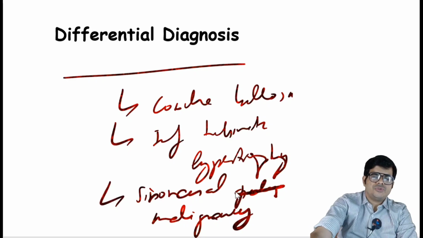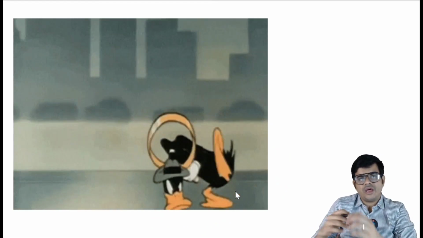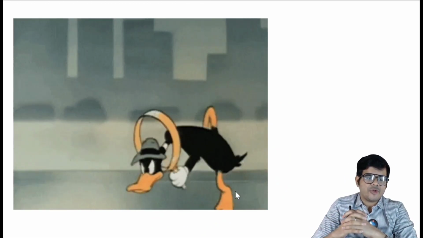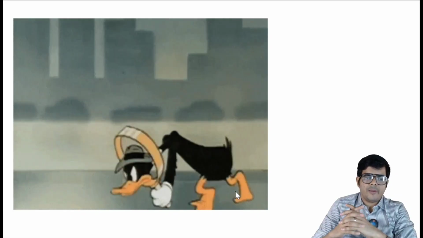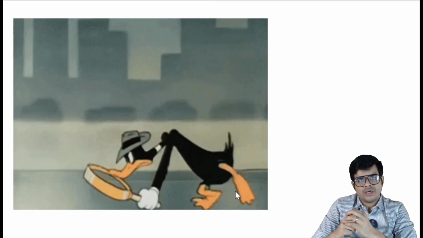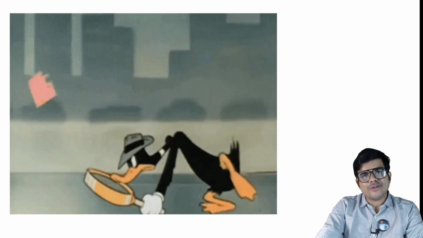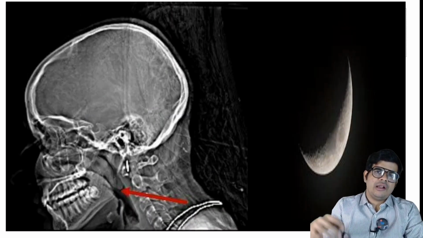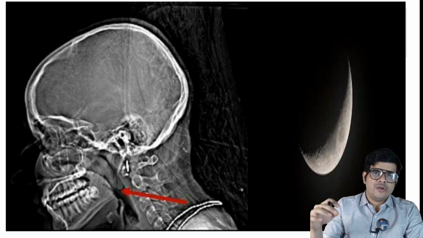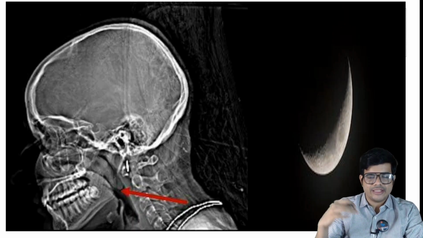Coming to the various investigations that have to be done in a patient who presents with polyp formation. Before the advent of CT scan, an X-ray nasopharynx lateral view was taken, and we used to look for whether a crescent of air was seen behind the nasal mass.